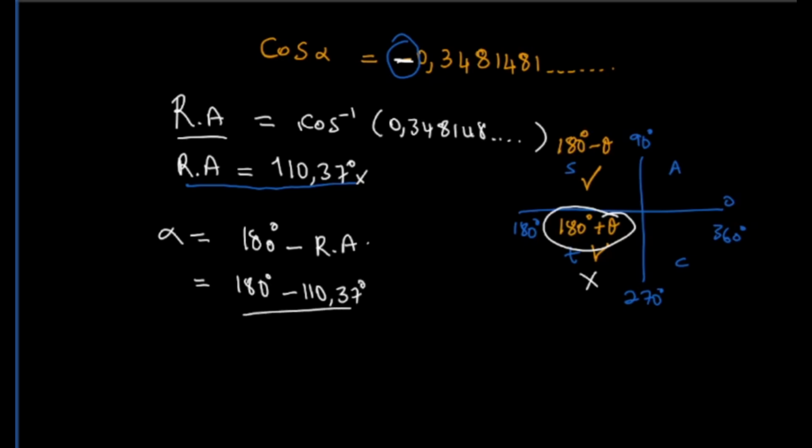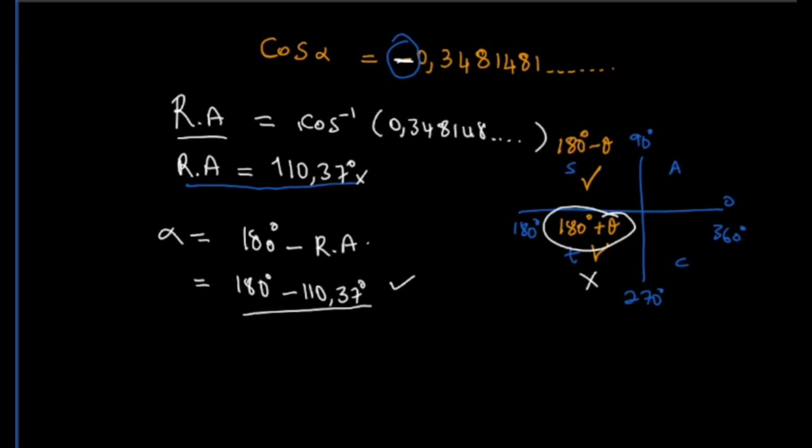I rounded the 37 off. You can say 180 minus 110.37, it's fine. Tell me what you get. It's giving me 69.63. So you got your alpha as 69.63.